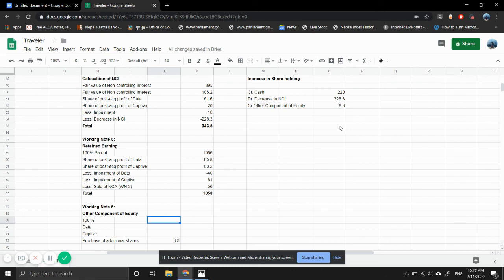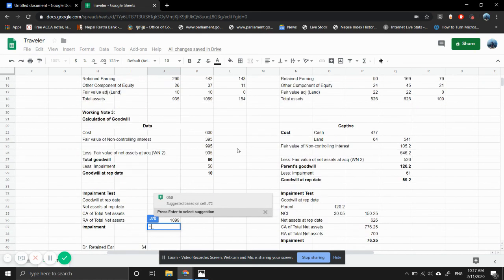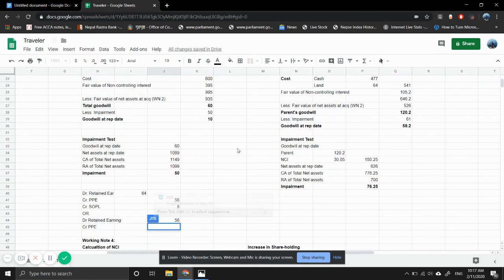So 100% of parent, right? So what was the parent's other component of equity? 60, right? 100% of parent. And in case of Data, how much is the net change in other component of equity?